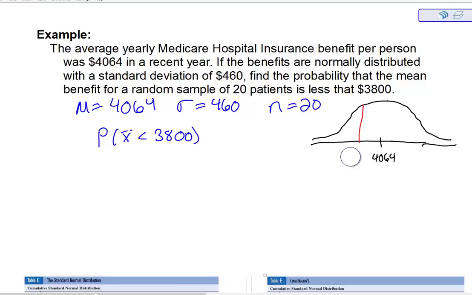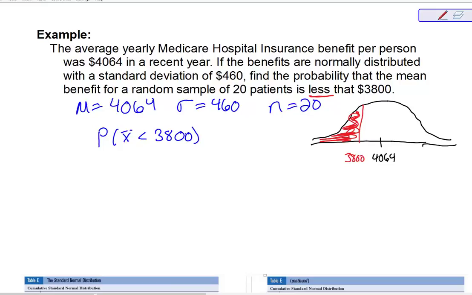Let me try writing this one more time. 3,800. And we're looking for less than, so I'm going to shade to the left.